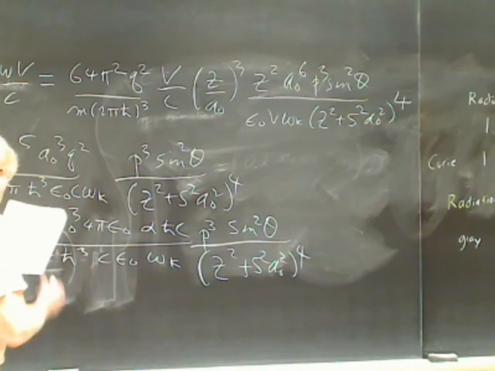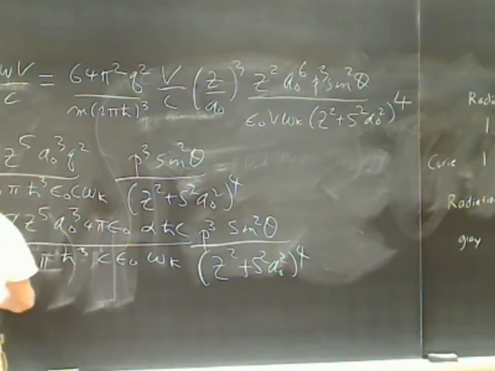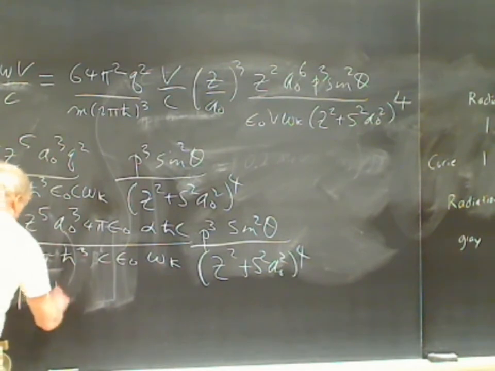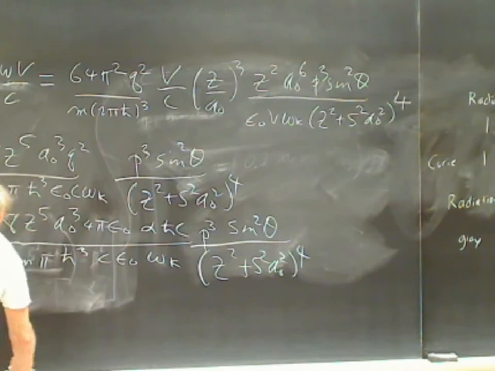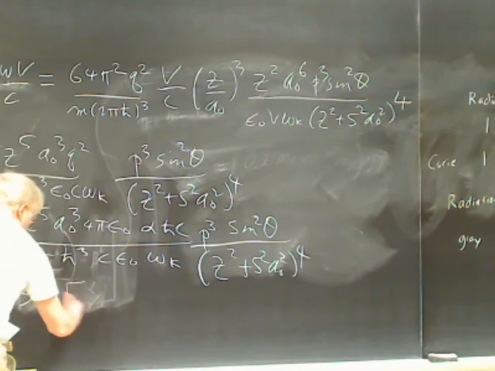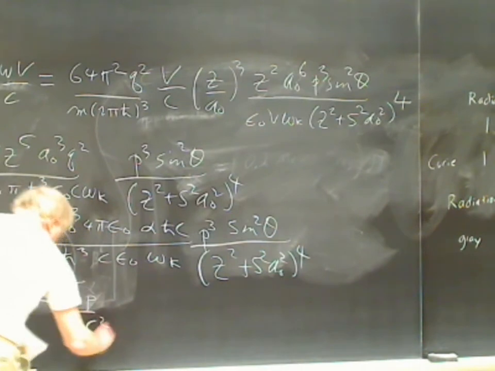In any event, this thing here boils down. Maybe I should skip some of these steps and boil it down for you. I'm skipping quite a few steps in the notes. We're down to 16 p cubed alpha. Oh, wait a minute, I don't want to go that far. There's actually an intermediate step here: 32 times the energy of the final, ejected electron divided by its rest energy, mc squared.